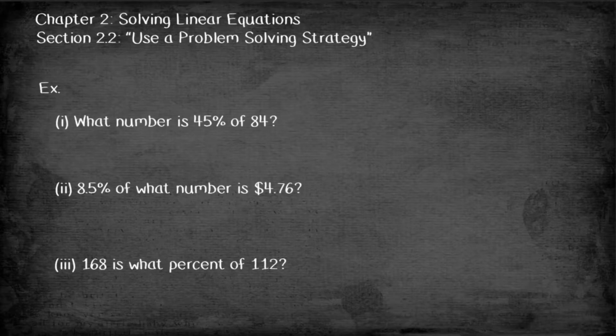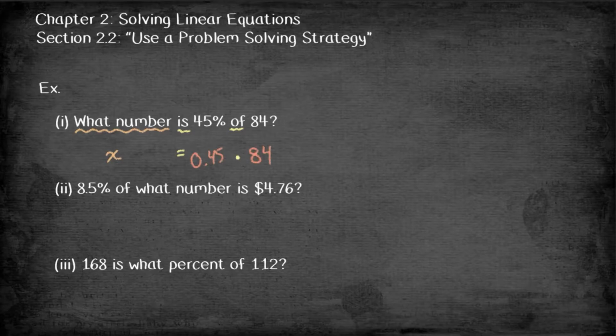First up, we're being asked what number is 45% of 84. So we have the what number part. That should be x. We have is and of. So of means times, is means equals. 45% should be written as a decimal, which we do by dividing 45 by 100 and removing the percentage symbol.